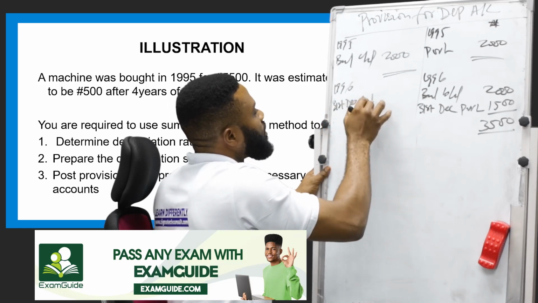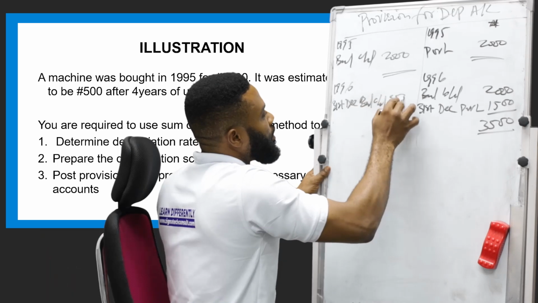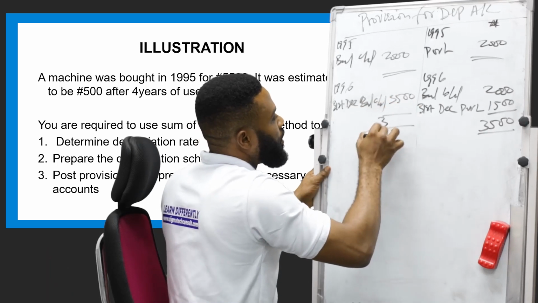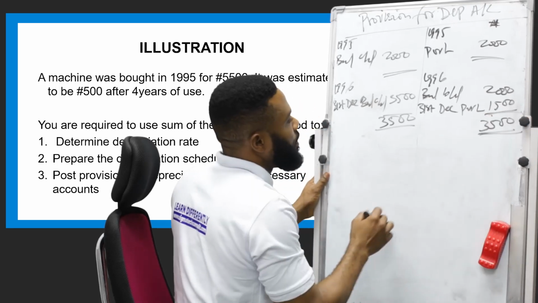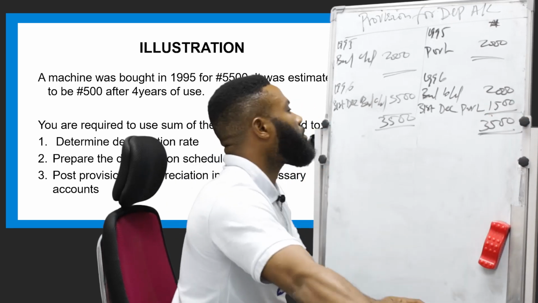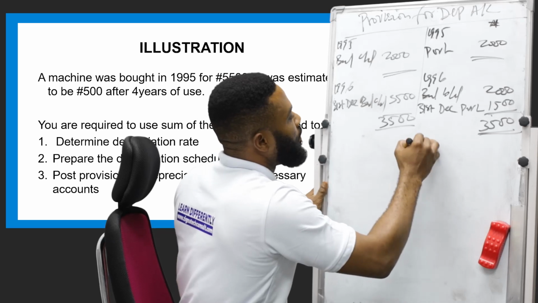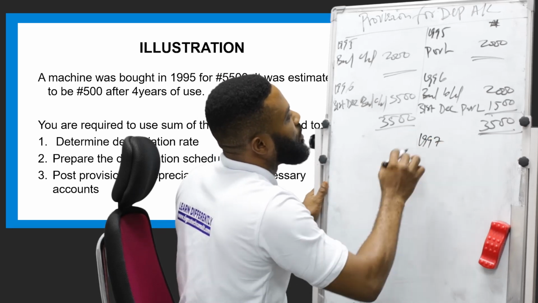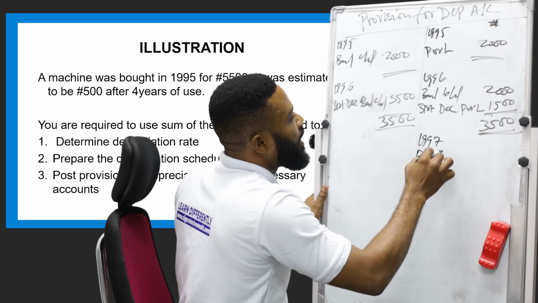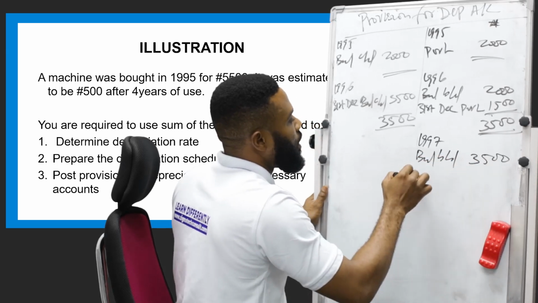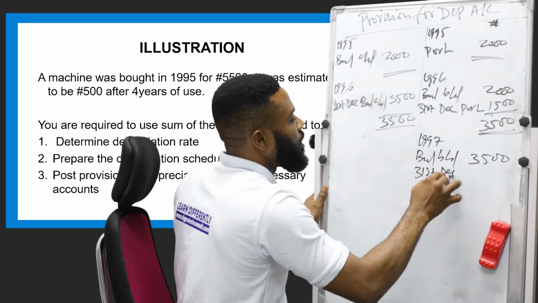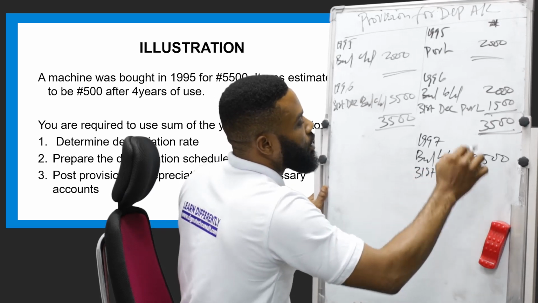Your balance carried down is what? 3,500. So you have 3,500 to close up the account, and then you come down again. You have 1997, balance brought down is 3,500, you add 31st December, profit or loss is what?